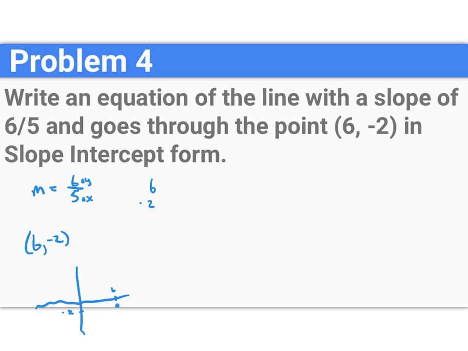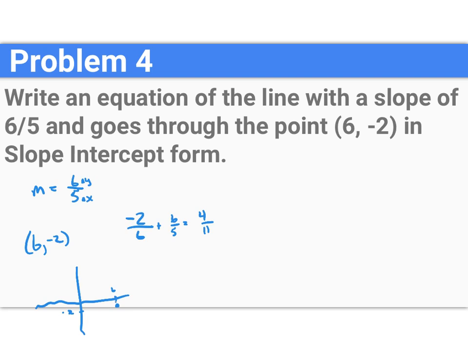I made a mistake. I want to put the y on top. So let's put the y on top. All right. So -2, 6. We're going to add 6 and 5 to get to 4, 11.